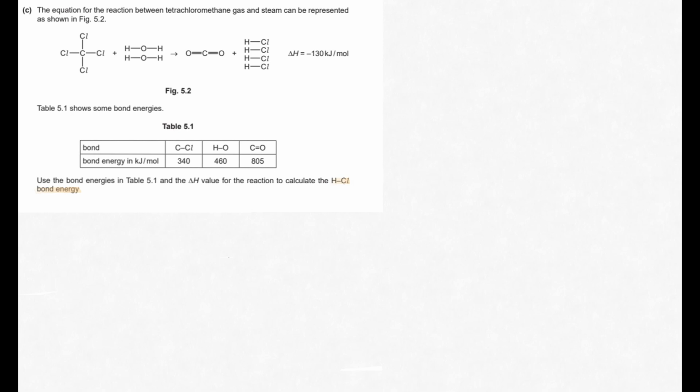So we're going to start this question the same as we start all the other questions, by calculating the amount of energy needed to break the bonds. So we know that there are 4 carbon chloride bonds, as well as 4 hydrogen oxygen bonds that need to be broken.